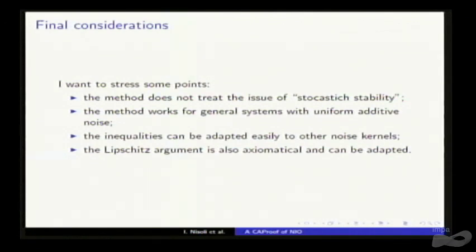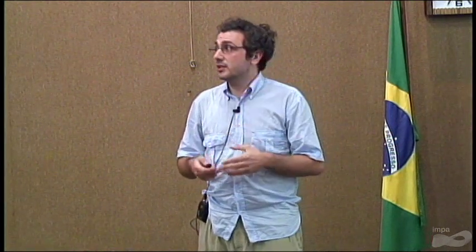Now, one thing that I want to stress is that we didn't treat in any form the underlying dynamical system. What we discover, the information that we get about the Lyapunov exponent, depends on the noise.